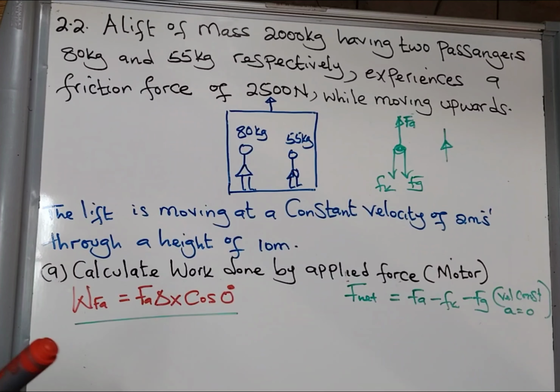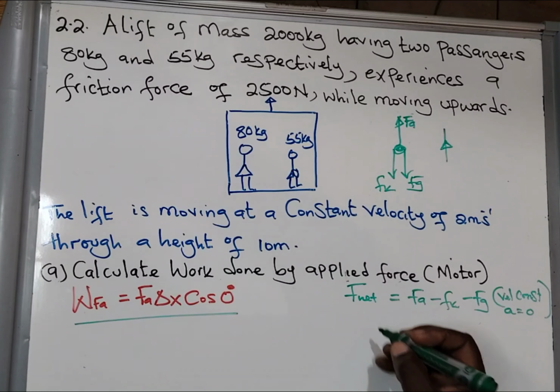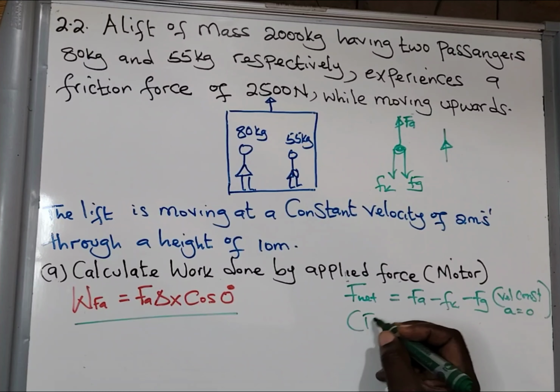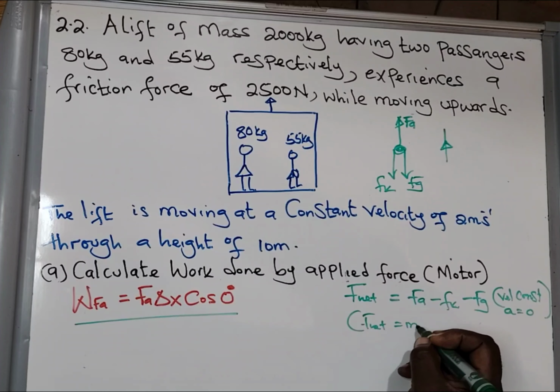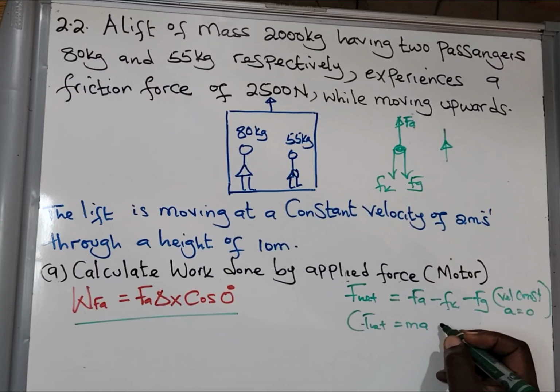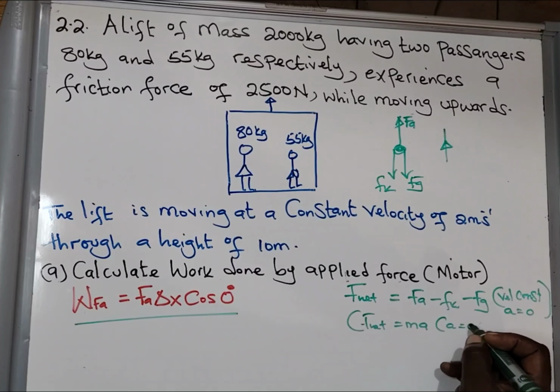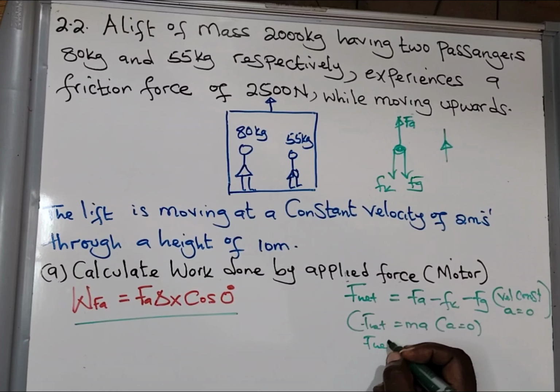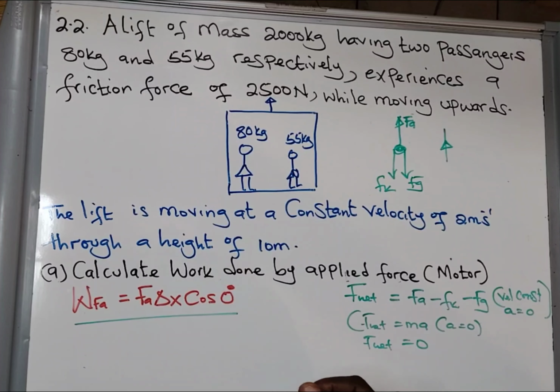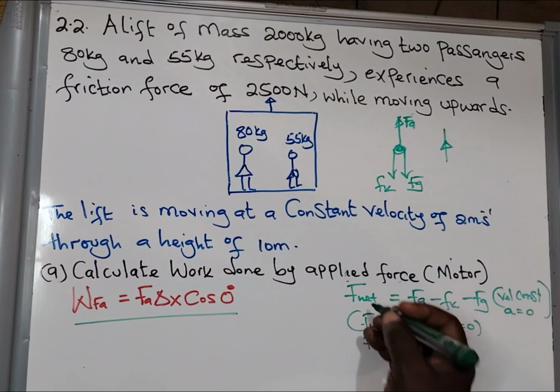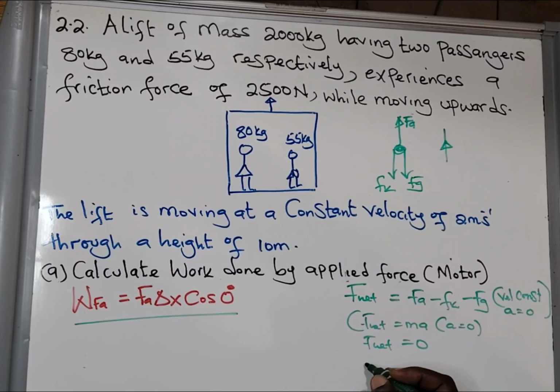When acceleration is 0, F net is 0, because F net is equal to mass times acceleration. So if F net is 0, we say 0 is equal to the applied force, which we don't know, minus Fk. Fk was given to us as 2,500.